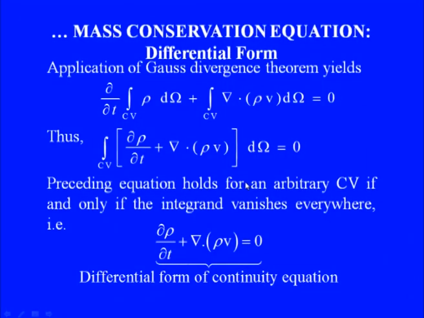Next, let us proceed and derive the differential form, because that is what we would need if we want to make use of finite element or finite difference methods. Let us see how we can obtain the differential form starting from our integral form of the continuity equation.